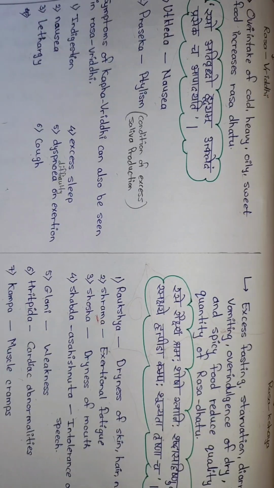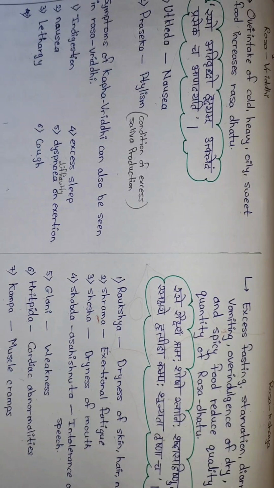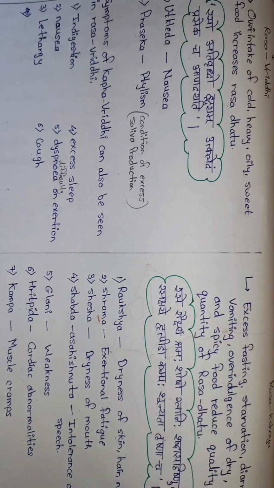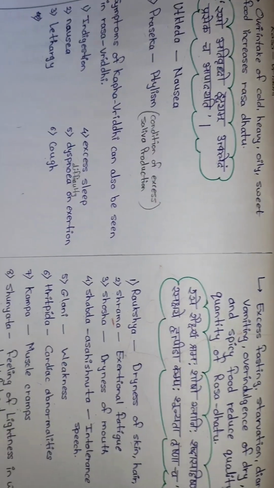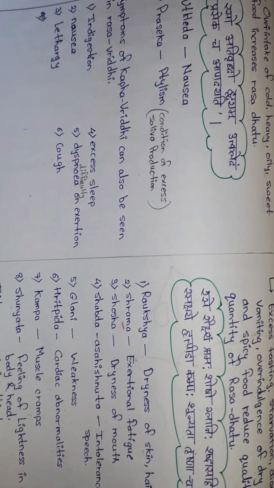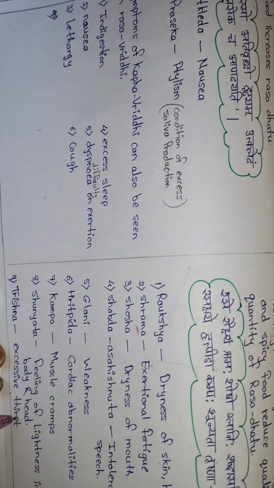So if there is decrease in the Rasa dhatu, then it will lead to insufficient nutrient supply to the muscles, and in that way there will be no proper functioning of the muscles, so it may lead to muscle cramps. Then comes shunyata, it means feeling of lightness in the whole body and head. And last comes trishna, that is excessive thirst.